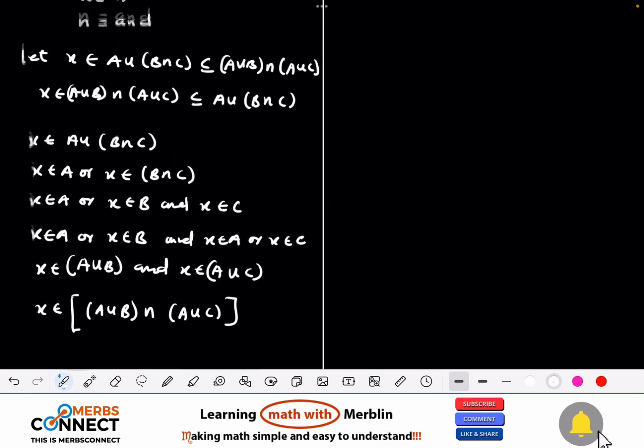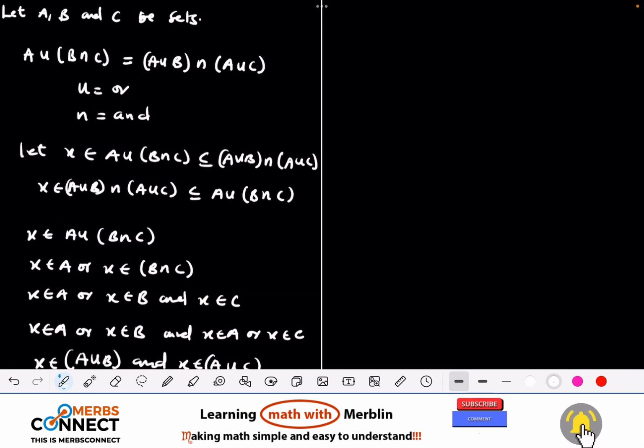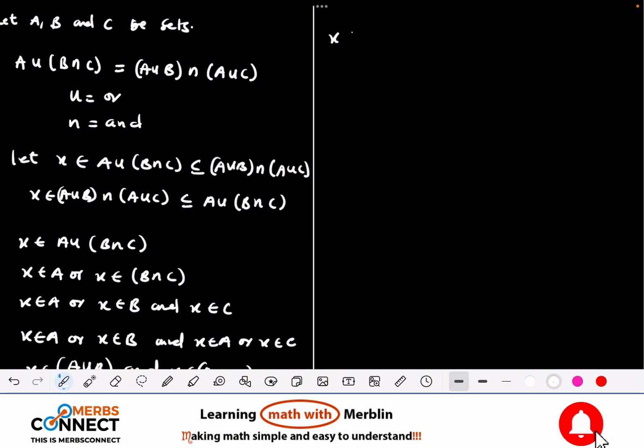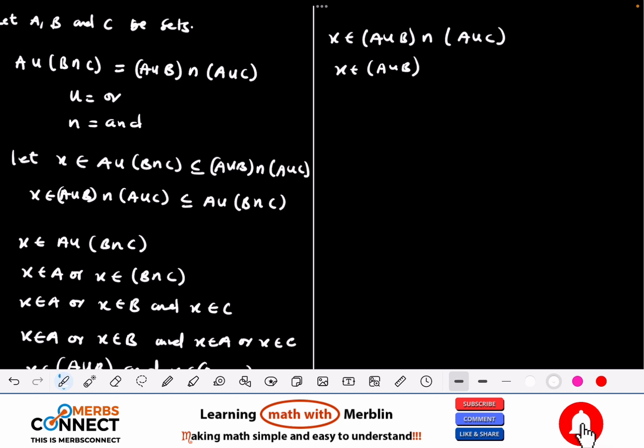All right. So let's take it from when we have X belonging to A union B intersection A union C. Right. So let's do the expansion. This one will be X belongs to A union B, so as one unit, then we change the intersection here to and, X belongs to A union C. So you see the way I'm solving them step by step.